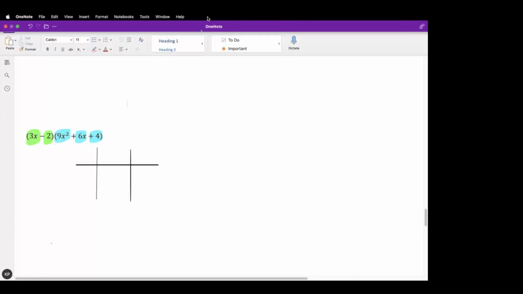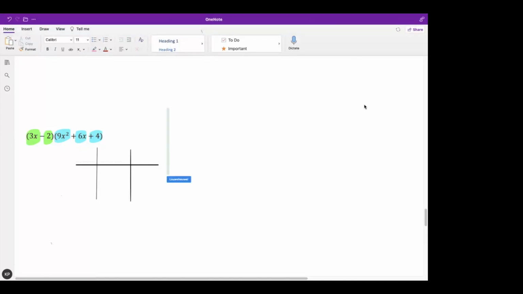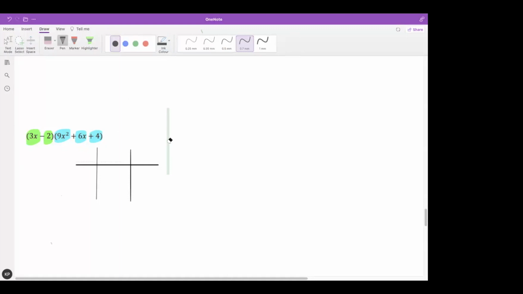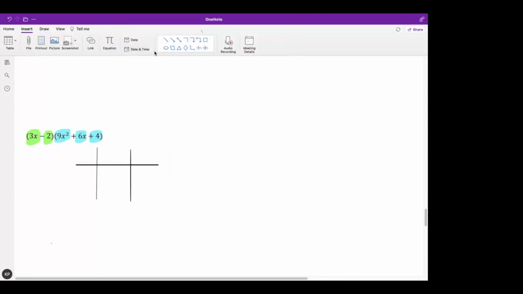Okay, let me disable annotation so that we can't all just scribble on the screen. Here we go. Okay, so on this side, I'm going to fill in. No, I need one more line.